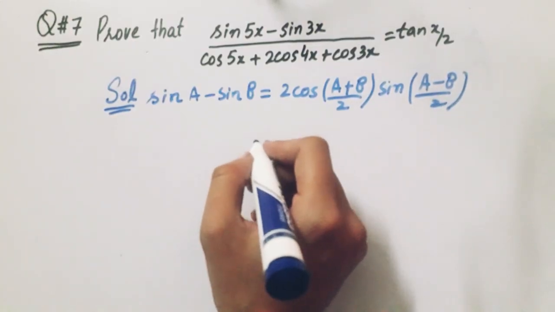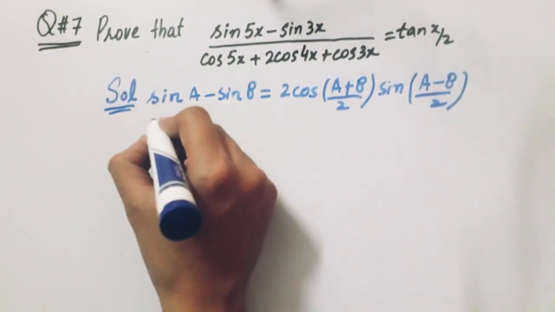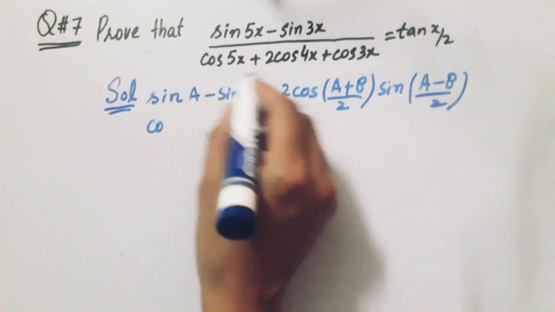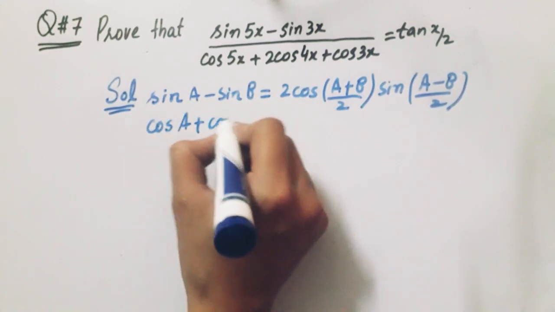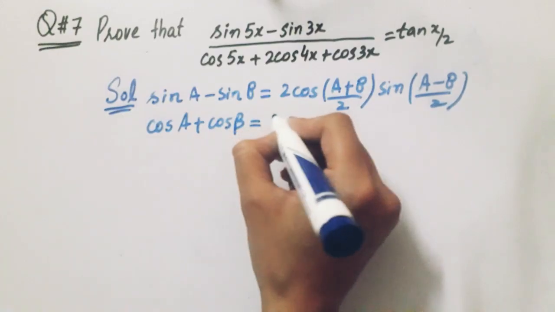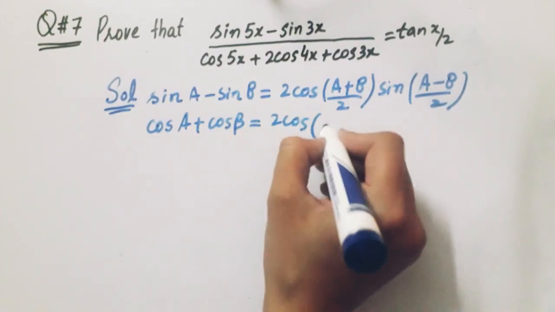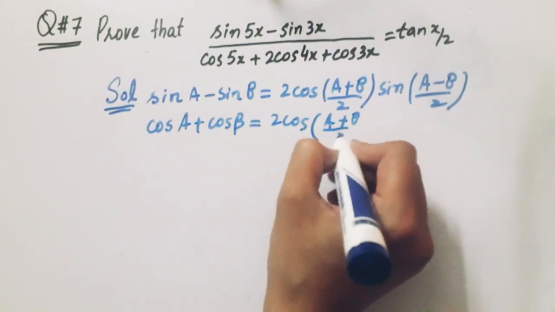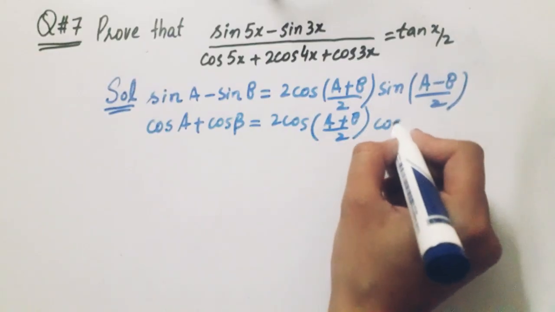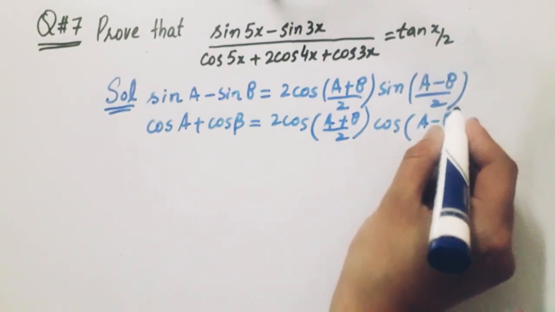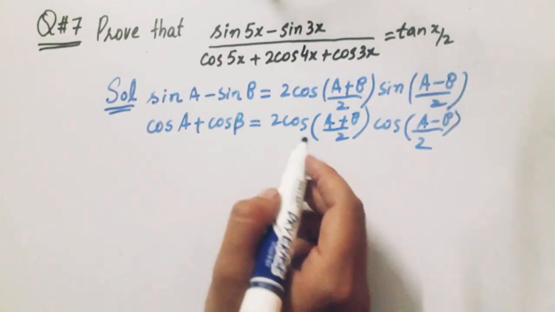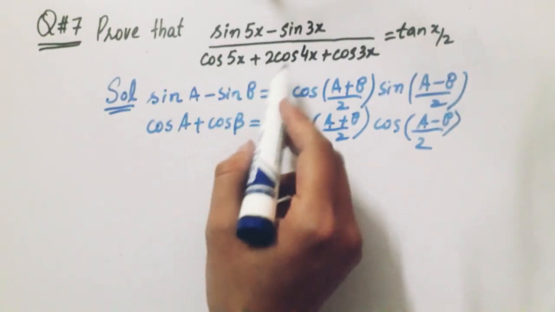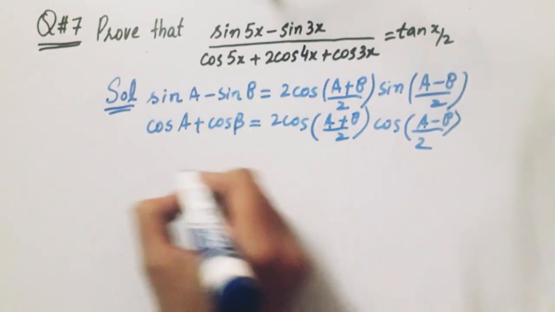This is the first formula. And another formula that will be used is cos A plus cos B, which is equal to 2 cos A plus B by 2 and cos of A minus B by 2. So you will apply these formulas in this and get the final answer.